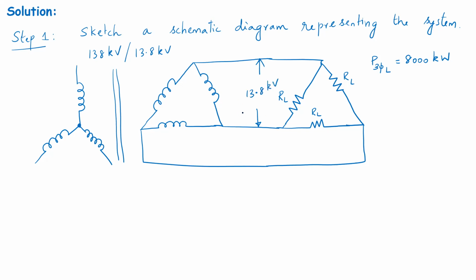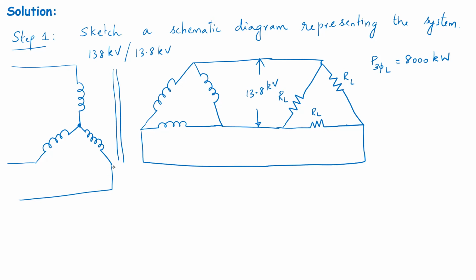Please note, these are all line-to-line quantities. The line-to-line voltage across the load is 13.8 kilovolts as per the problem statement. Okay. Of course, the transformer will have its own primary connected to a source somewhere, which we are not bothered about at this point in time.